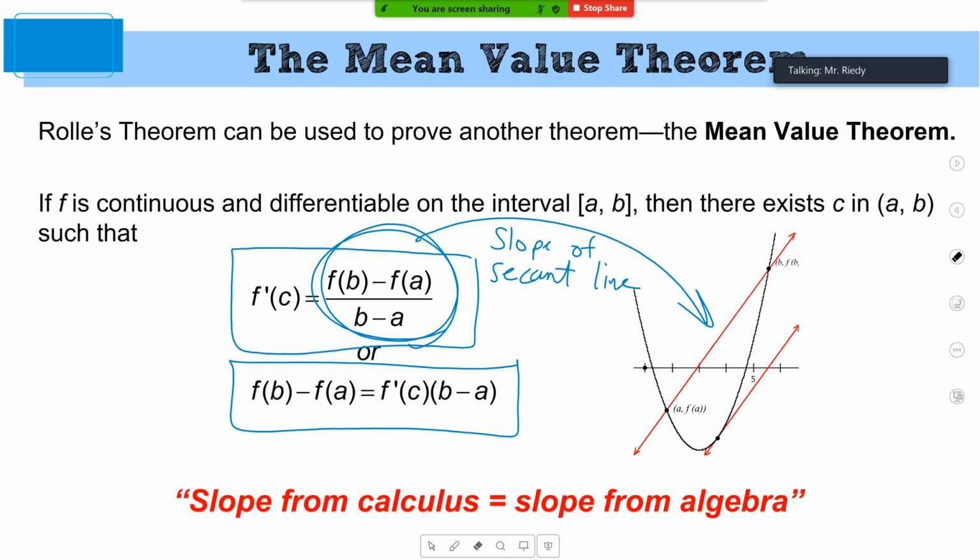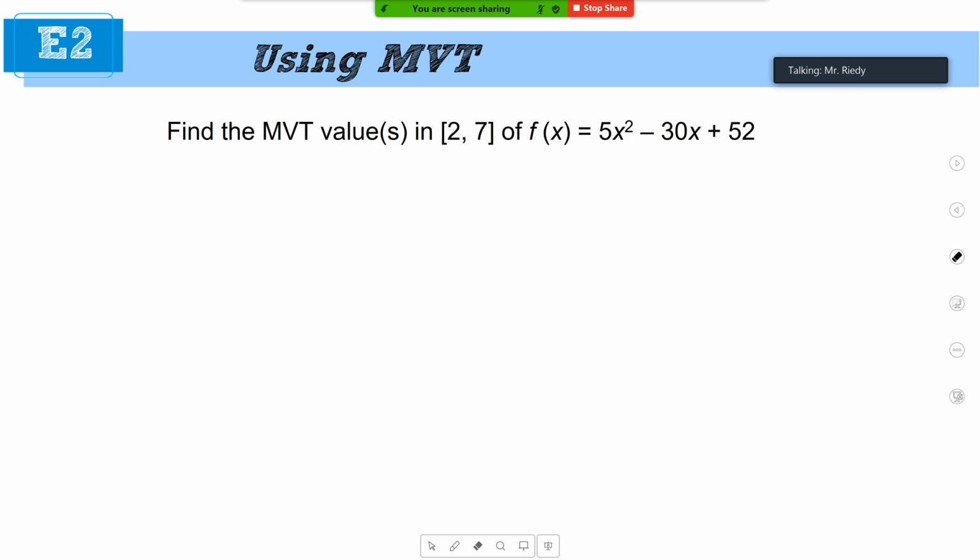Parallel, correct. Hopefully the picture helps a little bit. Are we good so far? Everybody caught up? Mr. Reed. So the difference between Rolle's theorem and the mean value theorem is that in Rolle's theorem you have to start and end at the same level, so the slope is 0. Okay, with the mean value theorem, we could turn it around or tilt it.